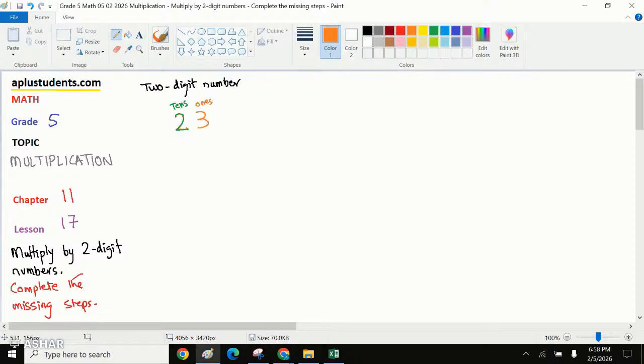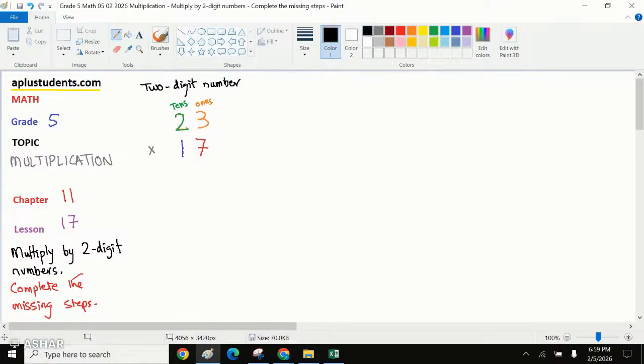So there are 2 tens and 3 ones in this number. Agreed? That's a 2-digit number. So when we are multiplying, let's suppose 23 is being multiplied by another 2-digit number, that is 17.